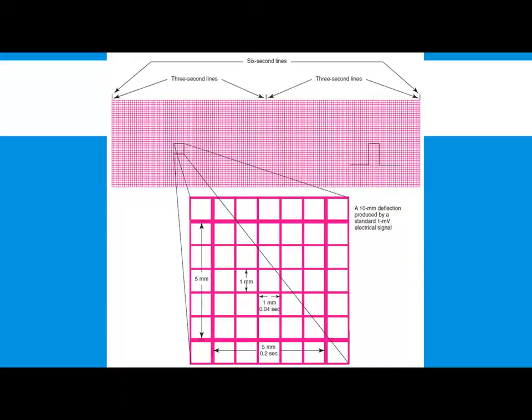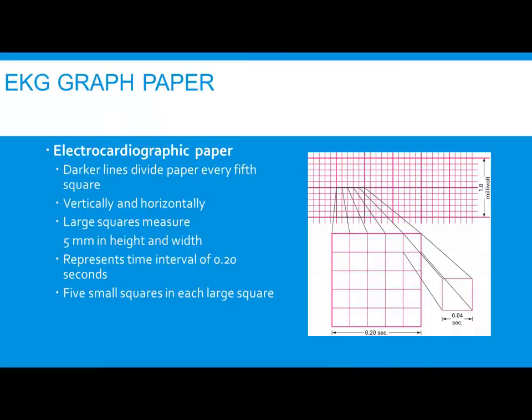Your tiny box is 1 millimeter in size, and it's 0.04 seconds in time. Okay. So the small boxes are light lines. You've got the darker lines that divide it into every fifth square that's going to give you 0.20. Alright? So dark line to dark line is 0.20 seconds.